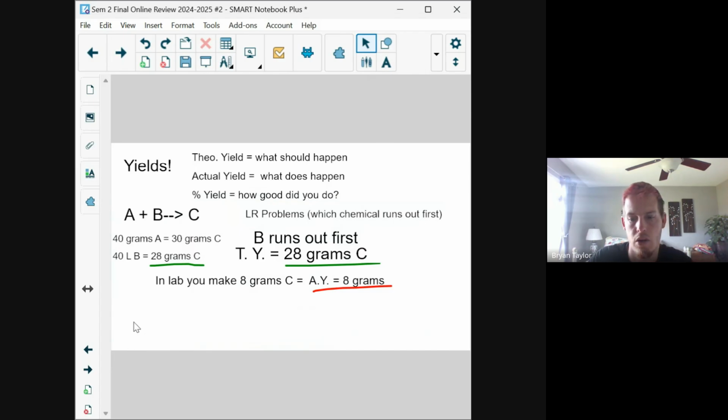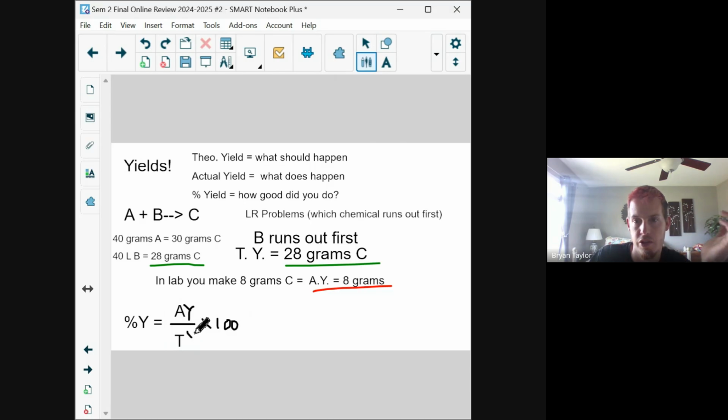So, your percent yield is equal to, it is always actual divided by theoretical, and again it's a percent, so times 100.